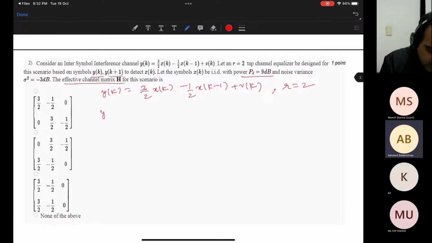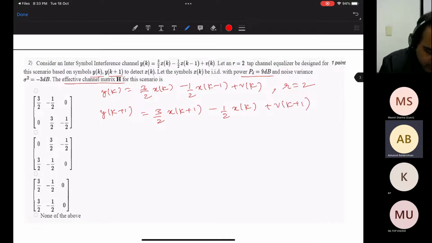We'll write yk plus 1 because they have used yk plus 1 and yk to detect xk. So this will be 3/2 times xk plus 1 minus 1/2 times xk plus vk plus 1.